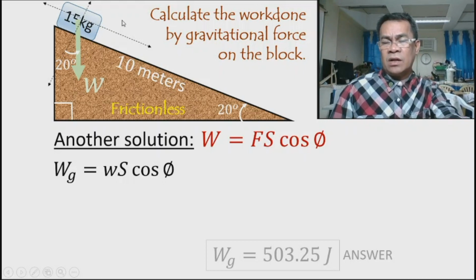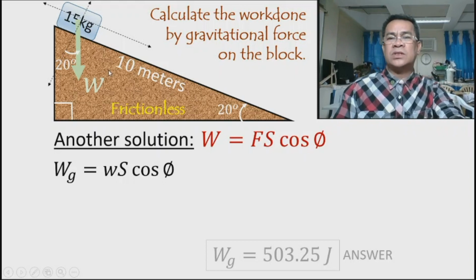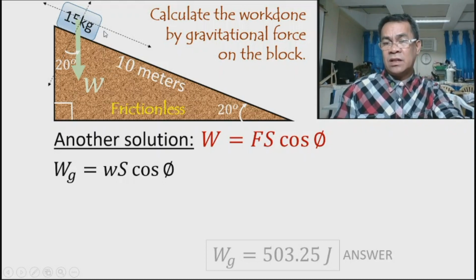So there are two angles: the positive angle in a counterclockwise direction, or you can use the clockwise. Both provide the same cosine. If this is 20, this should be the complement of 20, which is 70. So your P is negative 70, negative because this is a clockwise direction.